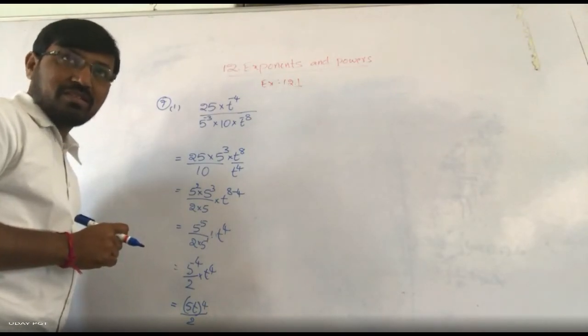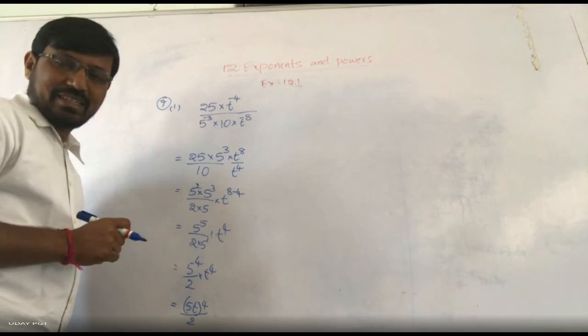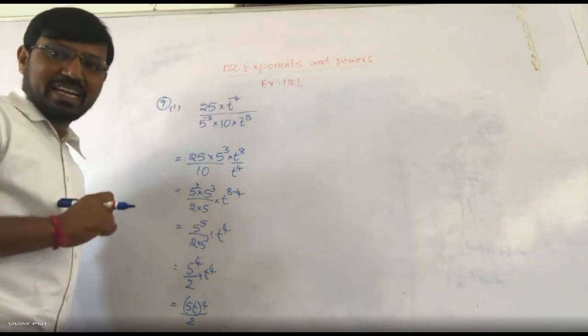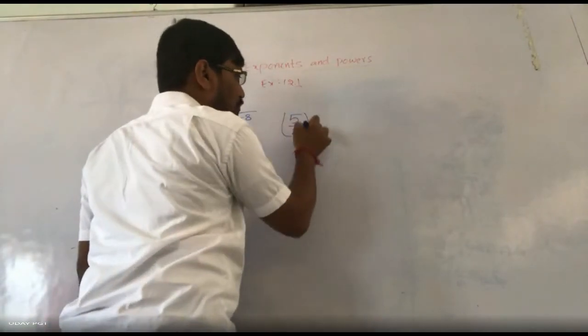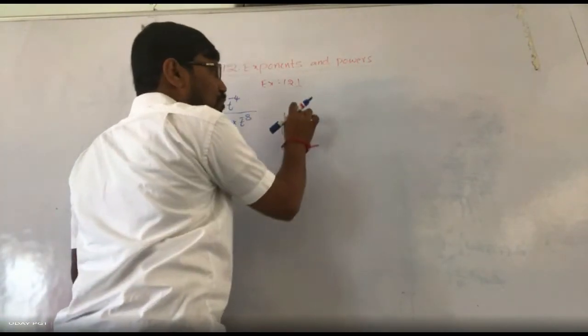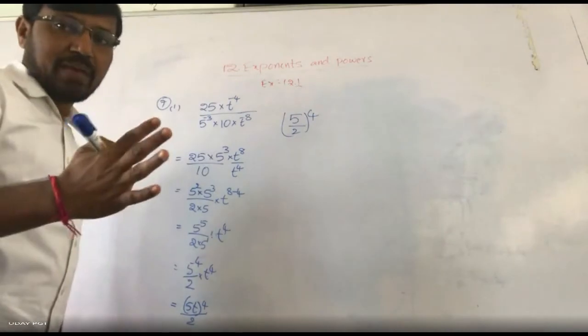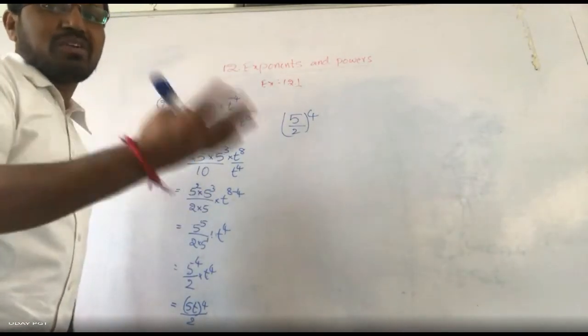The bases are different, so we cannot write that. If you write 5 by 2 whole power 4, it means in the numerator 5 is 4 times and in the denominator 2 is 4 times.